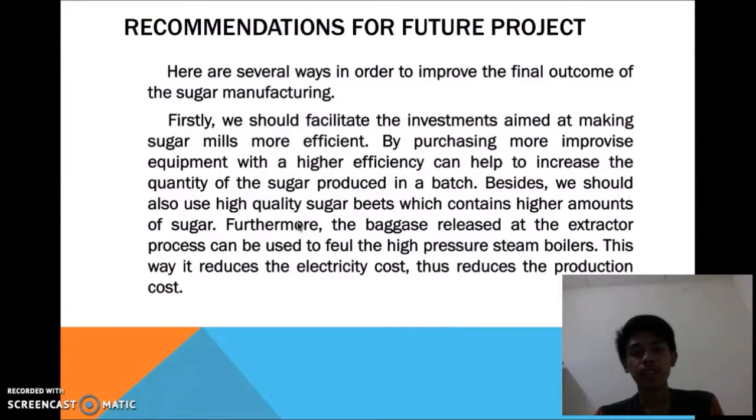Besides, we should also use high quality sugar beet, which contains a higher amount of sugar. Furthermore, the biogas released at the extractor process can be used to fuel the high pressure steam boilers. In this way, it will reduce the electricity cost and the production cost.